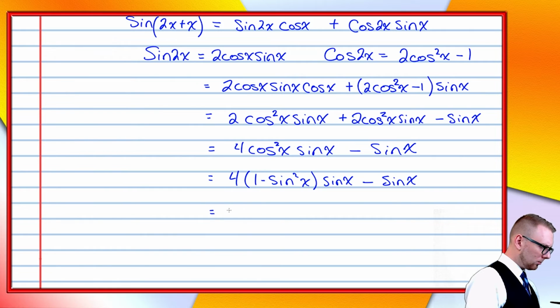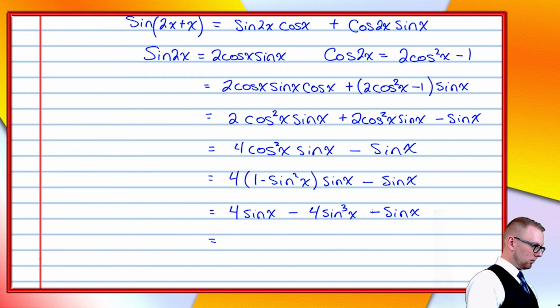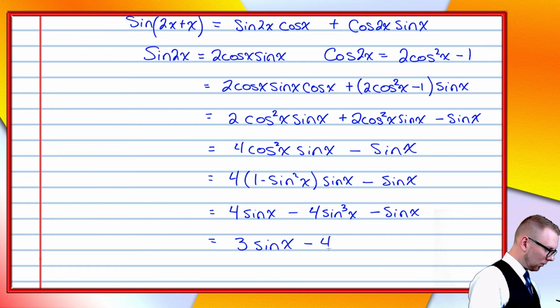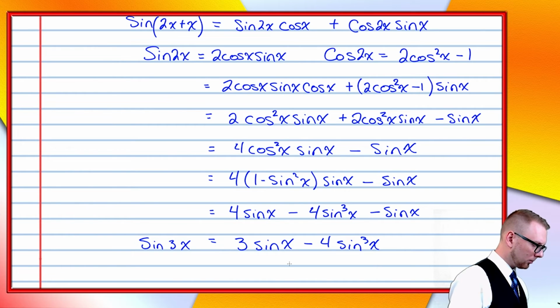And combining these, we've got 4 times sine x and 4 times minus sine cubed x. And then we still have a minus sine x. Well, we can combine terms. We've got 3 sine x minus 4 sine cubed x. Well, remember, this was just sine of 3x from the very beginning.